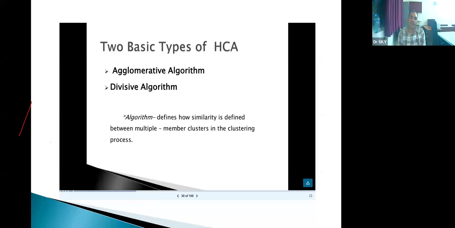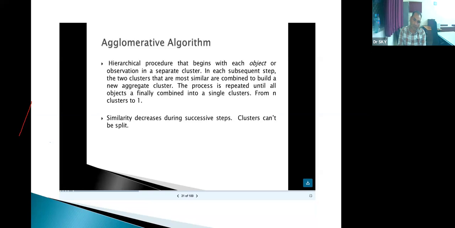Two basic types of hierarchical cluster analysis: agglomerative algorithm and divisive algorithm. The algorithm defines how similarity is defined between multiple member clusters in the clustering process. So how do we do the agglomerative algorithm? It is a hierarchical procedure that begins with each object or observation in a separate cluster.